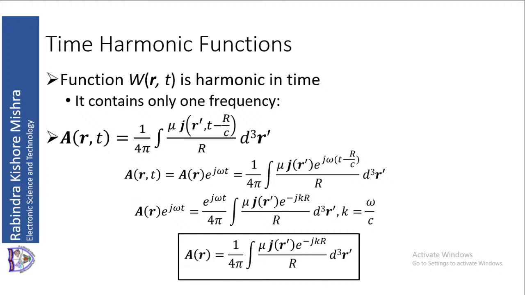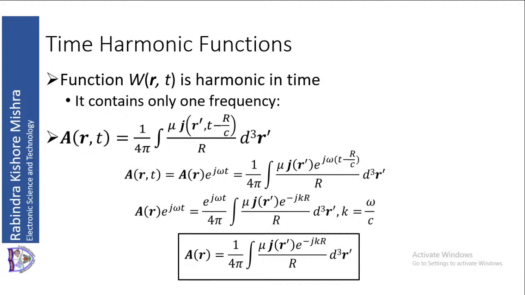Similarly, for the small j, the current density, which is a spatio-temporal function, you can divide it into spatial part J(r dash) and temporal part exponential j omega t dash, or j omega into t minus R by c. t dash is equal to t minus R by c.